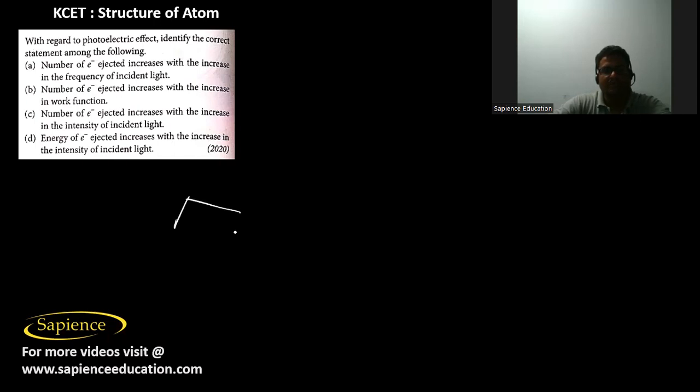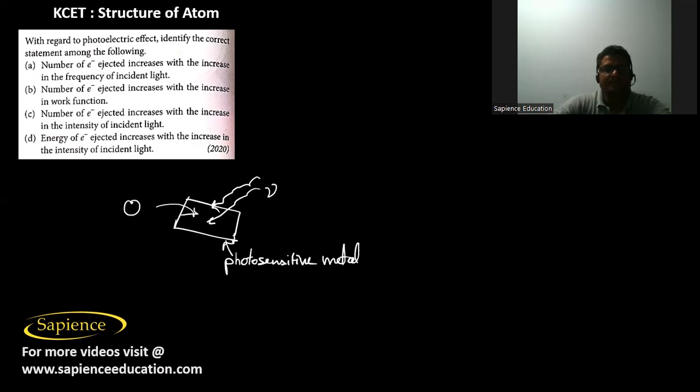So it means that if you have some photosensitive metal, and some electromagnetic radiation or light having some frequency nu is incident on it, and it has some work function phi, then the kinetic energy of the ejected electron equals h nu minus phi.